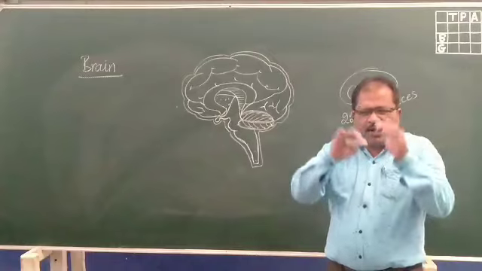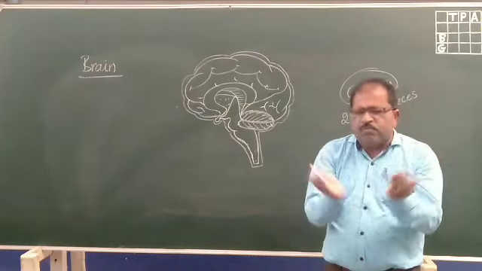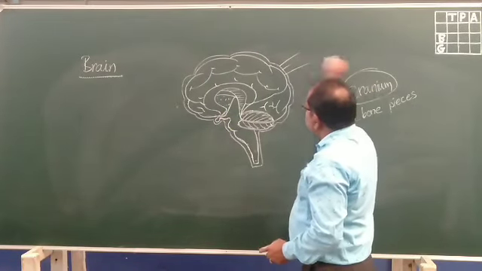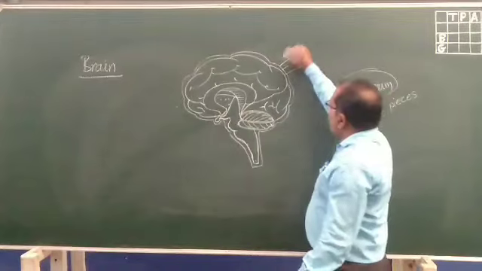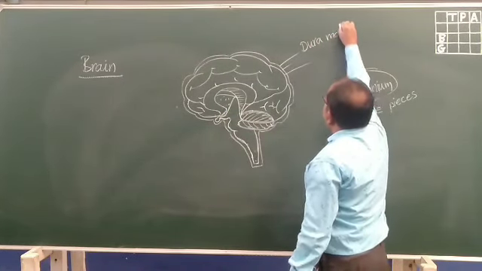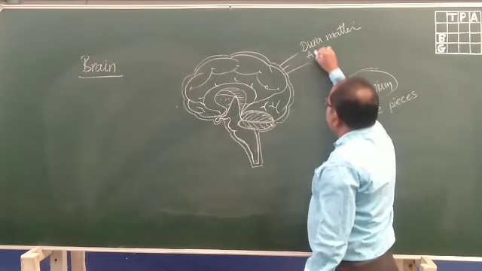Around this brain, along with this box, there are three layers. The outermost layer is called the dura mater. The middle layer is called the arachnoid mater.